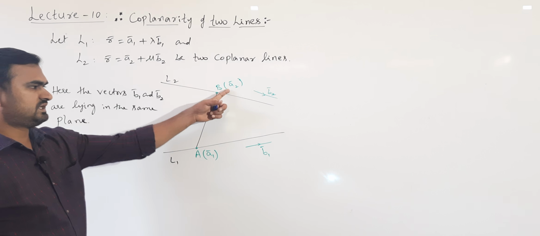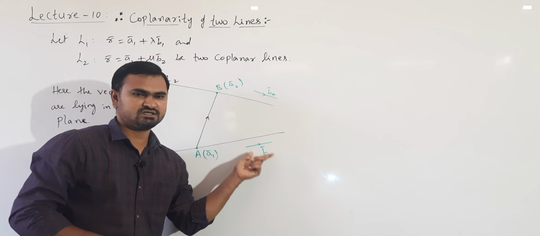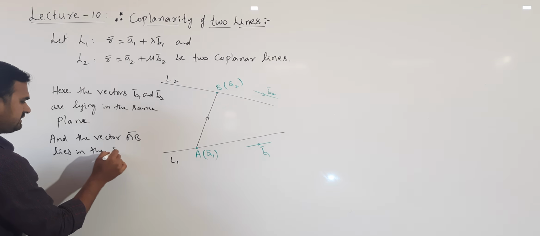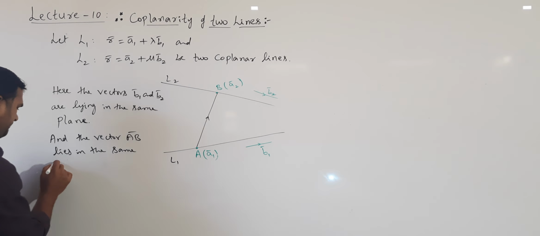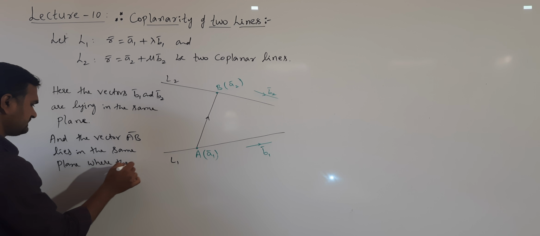Okay, when two lines are lying in the same plane, b1 bar, b2 bar also lie in the same plane, and the vector AB bar also lies in the same plane where the lines are lying.